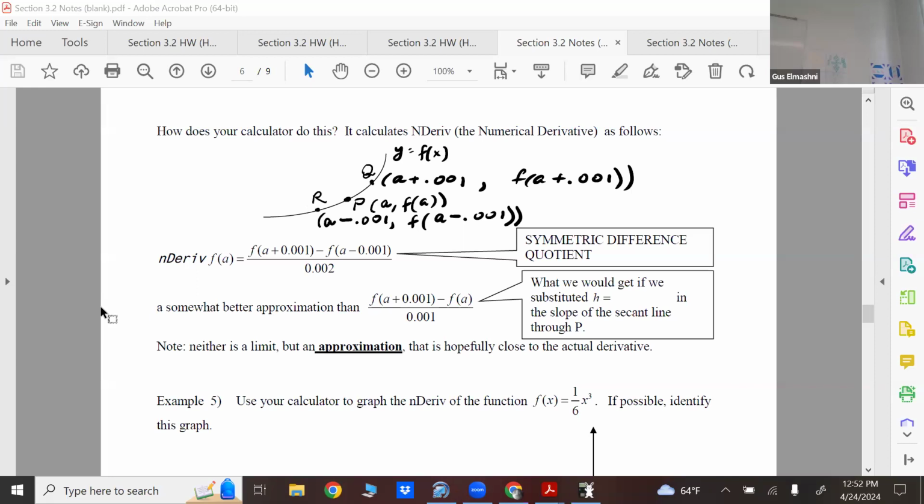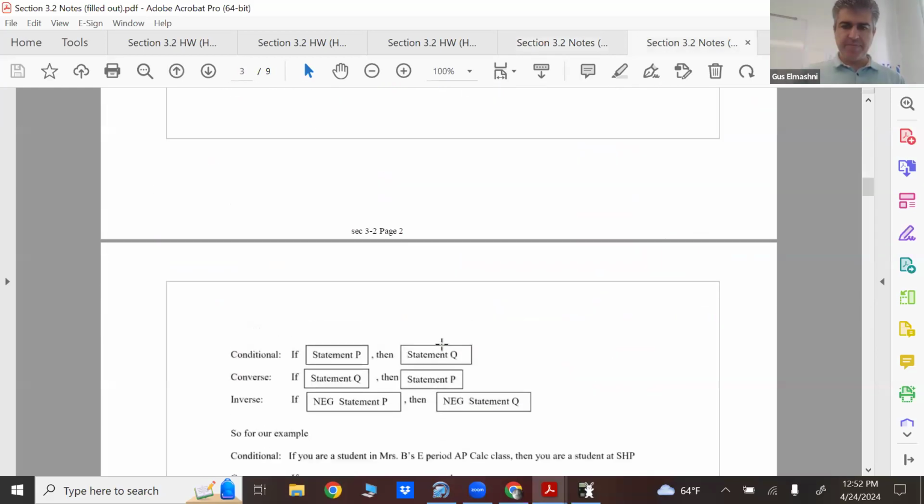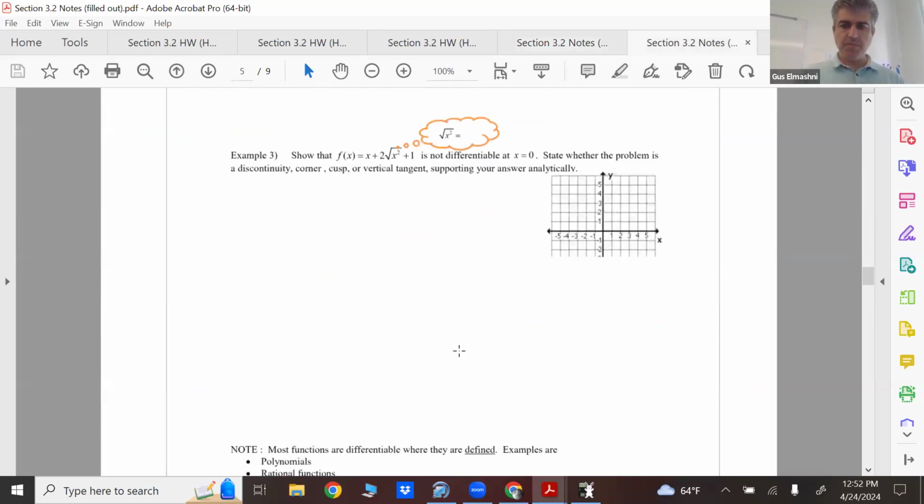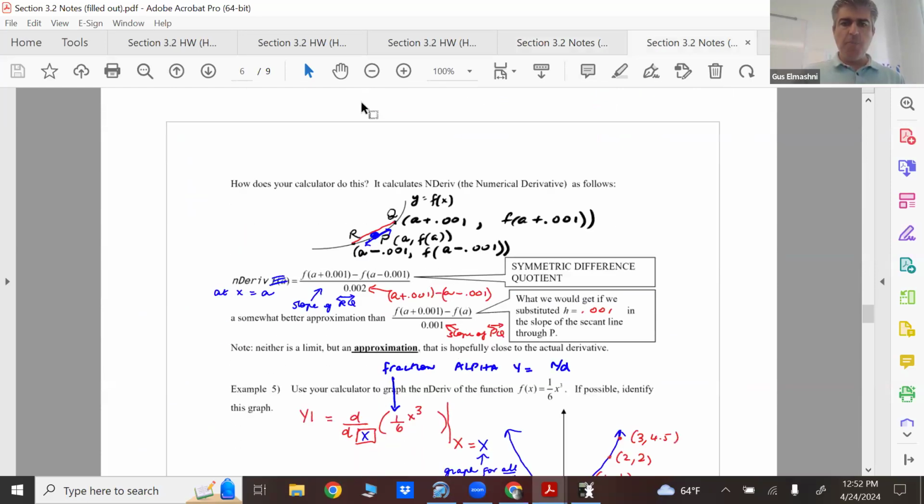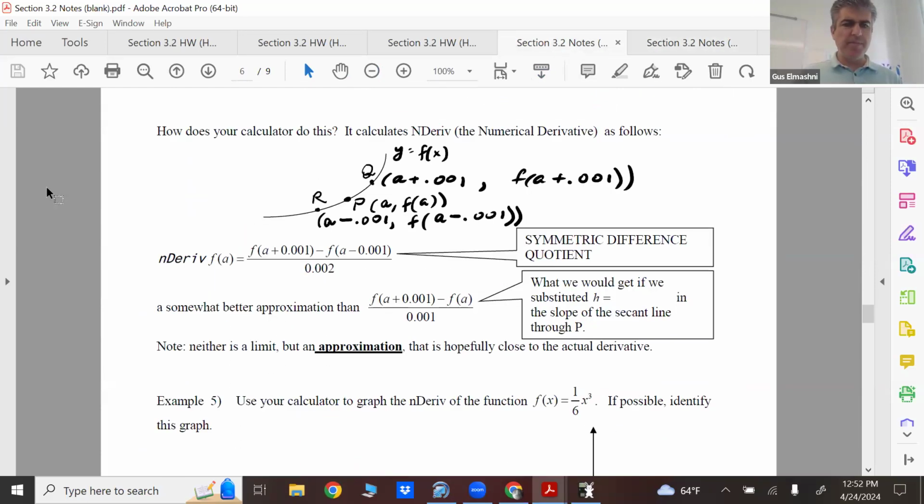They're really just approximations. And what we get if we substitute h equals, what do you mean by that? Let me look at my filled out notes for that part. Oh, 0.01. Okay, well, that's weird.